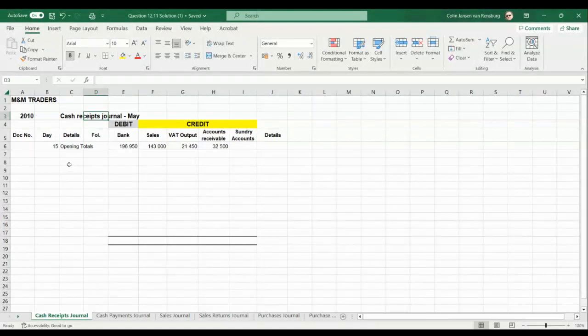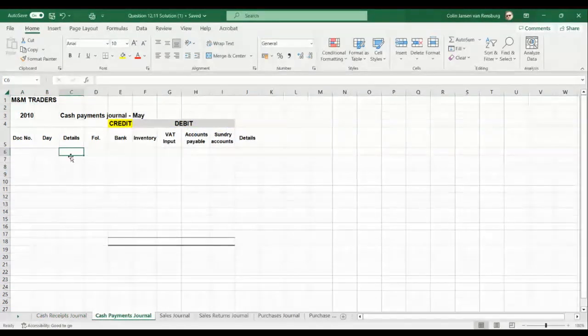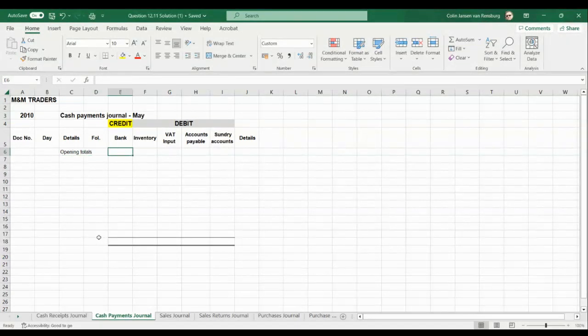So now we can just go and carry on and do some transactions, but let's do all our opening totals first. So let's go to the cash payments journal, ladies and gentlemen. Opening totals. Let's see what that is. For the cash payments journal, bank 70030.